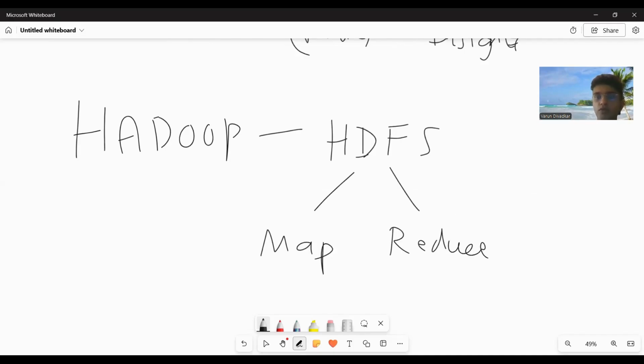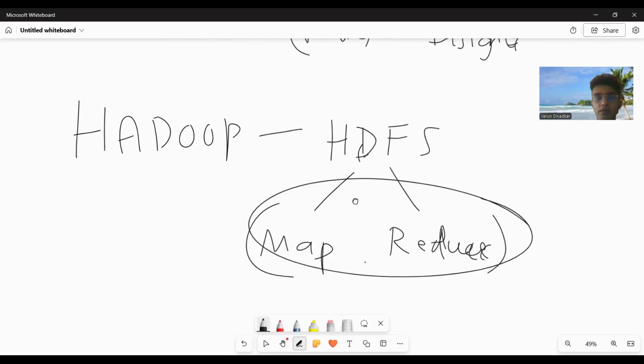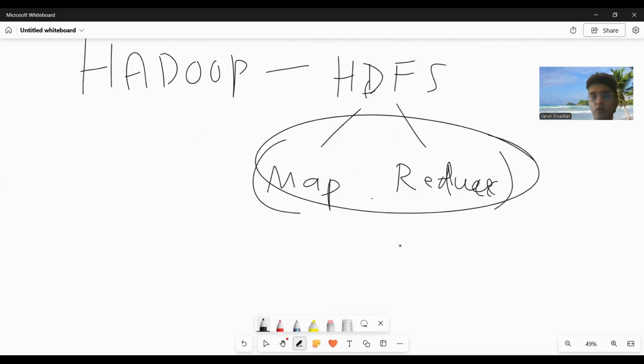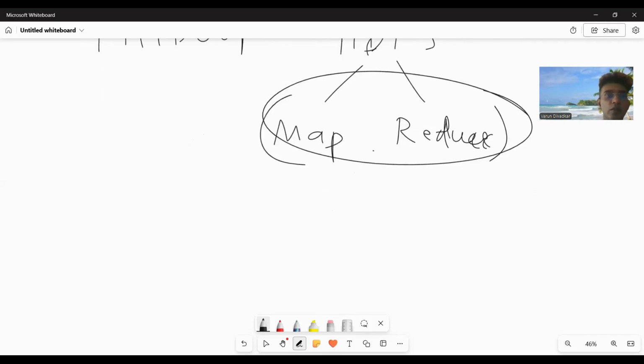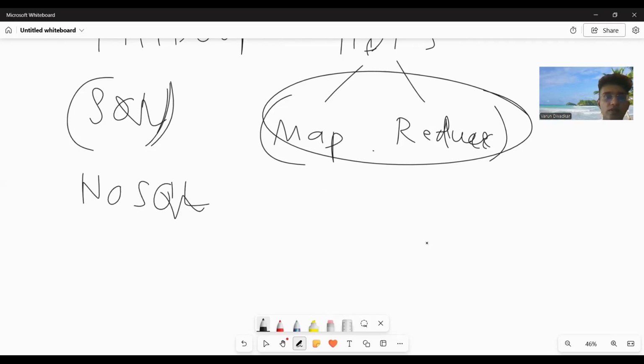This MapReduce enables you to maintain big data using the Hadoop framework. And when it comes to databases, SQL databases alone cannot cater to big data needs. That gave rise to NoSQL. This doesn't mean no SQL, it basically means not only SQL.